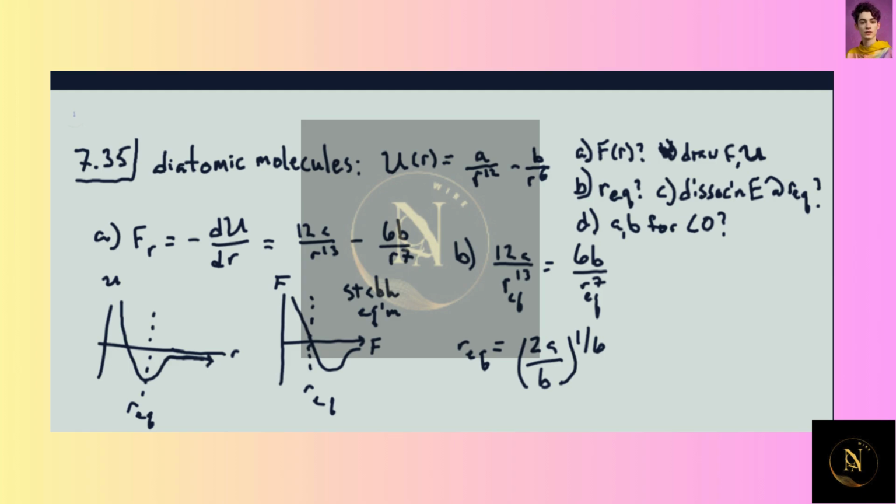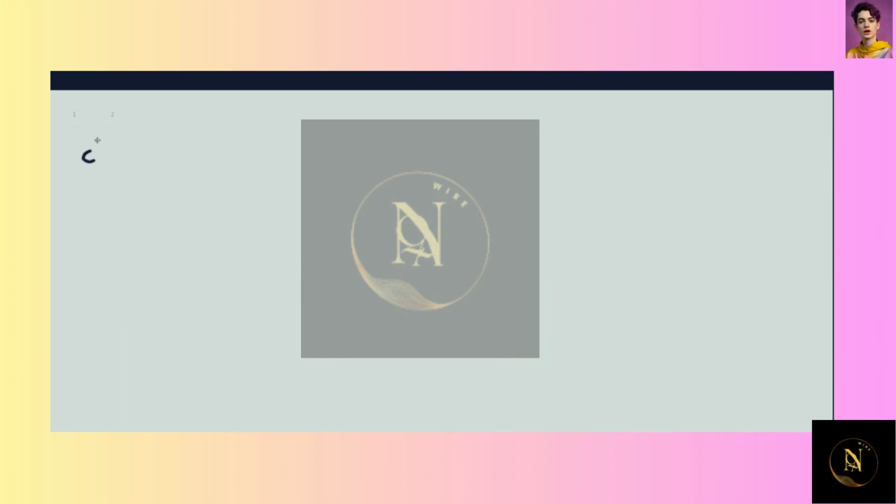So, start up a new page here. We want to find this dissociation energy starting from R equals our equilibrium that we found. It's 2a over b to the 1/6.